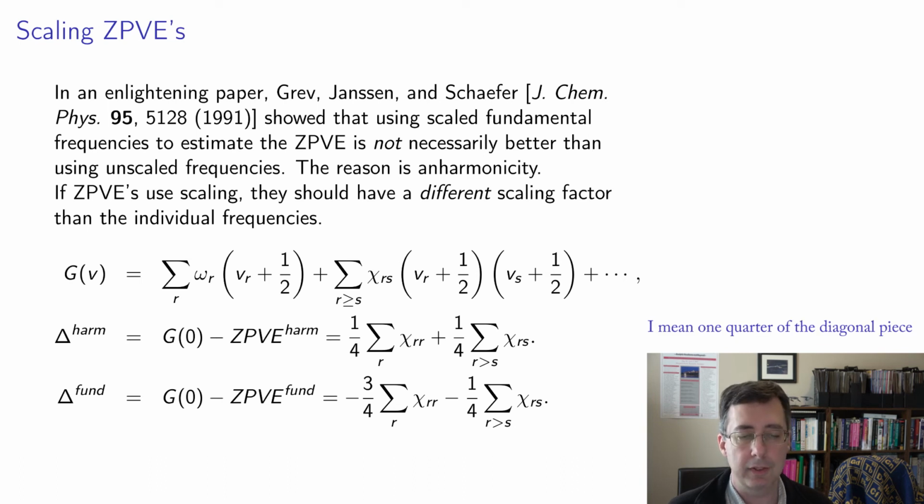So my error actually goes up compared to the true zero-point energy if I scale the frequencies to get a fundamental estimate of the zero-point energy compared to just the unscaled zero-point energy. So the upshot of the paper was that if it's the zero-point energies that you're primarily concerned about, then the scaling idea might be a bad idea. And if you are going to scale them, it's probably better to use a different scaling factor than you do for the frequencies.